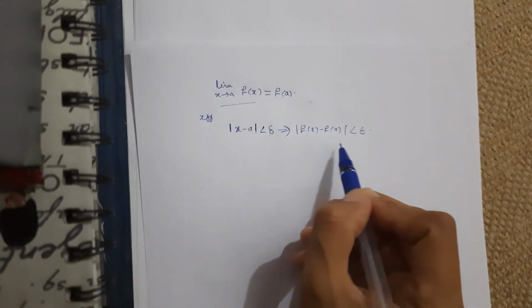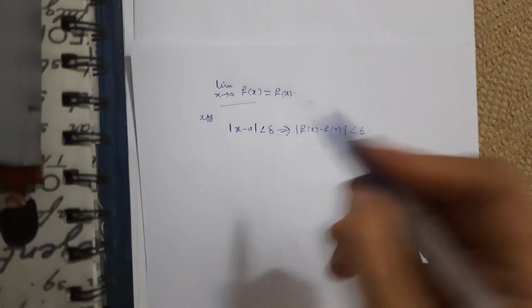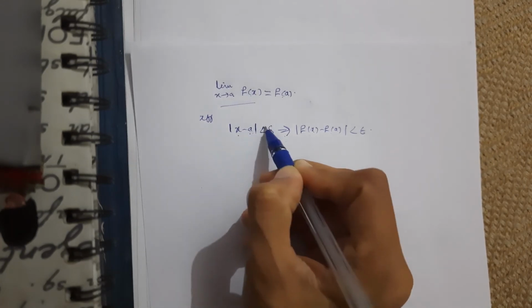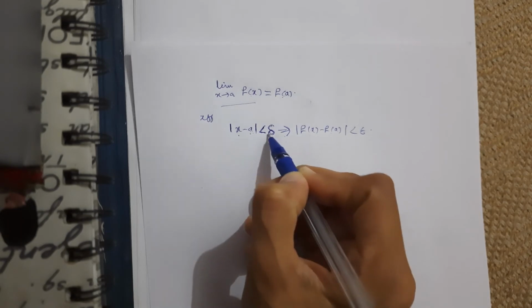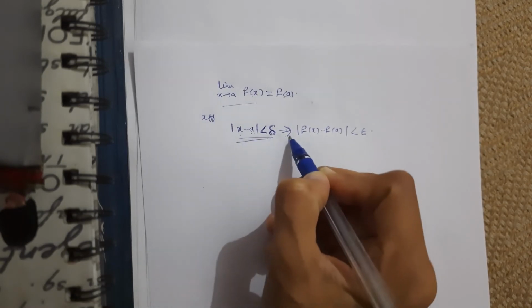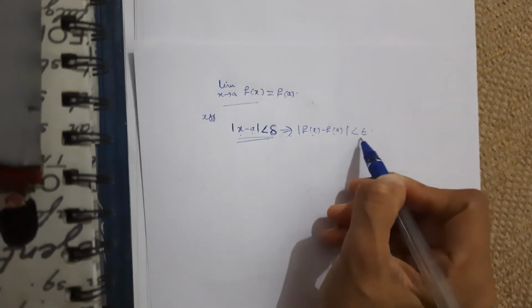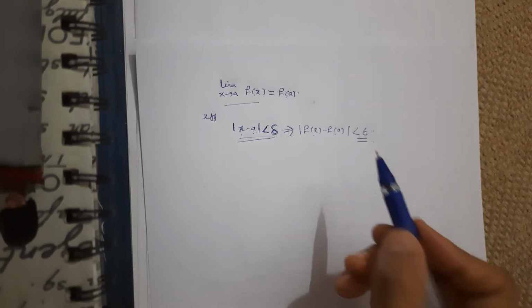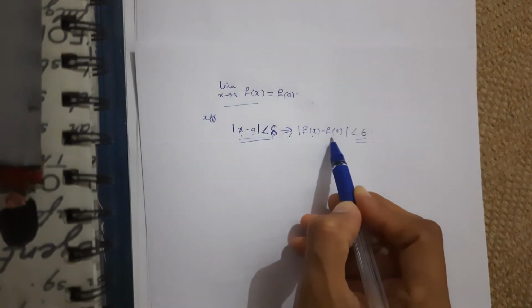And what does this mean in the real world? I am saying that the distance between x and a is becoming smaller and smaller. At the same time, the distance between f of x and f of a is also going to be very, very small. They are also coming close. If this is coming close, then this is also coming close.